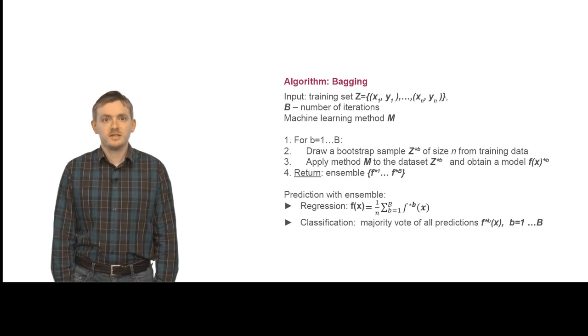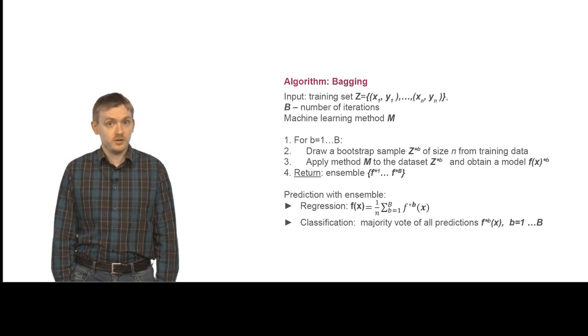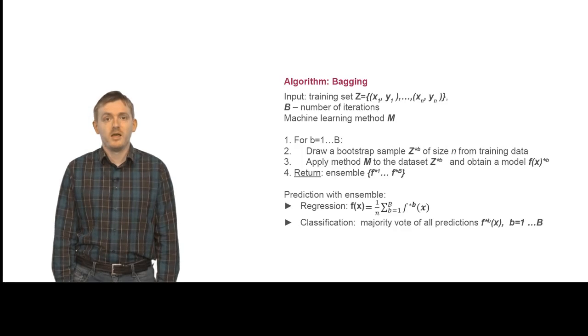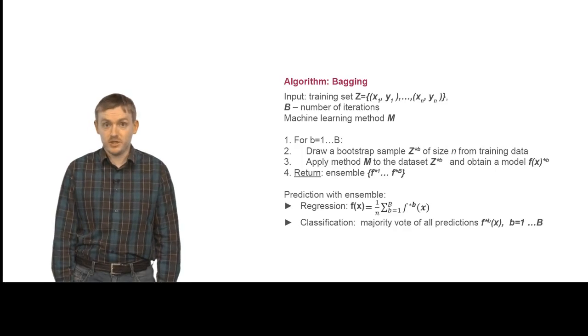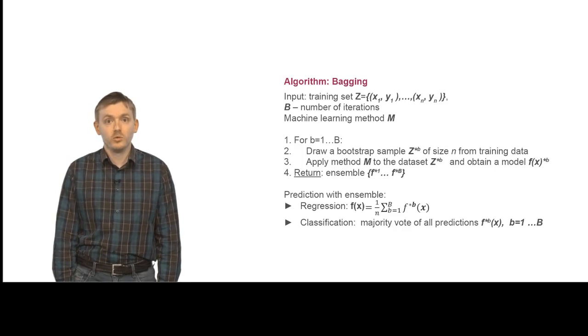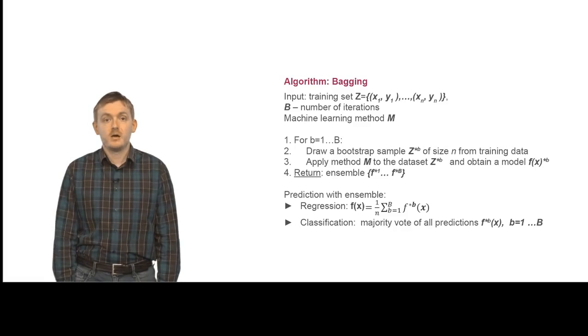The next question is how to do predictions with this ensemble. In case of regression, the prediction of the whole aggregate model is just an average of all the single models f*_b. And in case of classification, it is a majority vote of all the predictions.